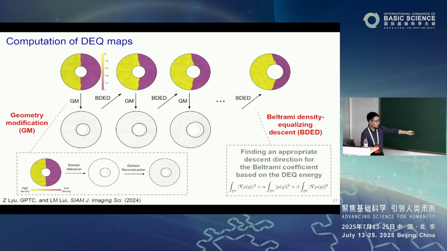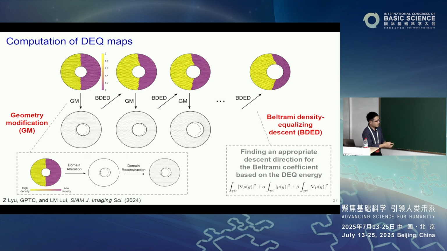But for the interior circle, we can allow it to move based on the density. For example, if we have higher density on the left and lower density on the right, then if we solve the diffusion equations, naturally the hole should be pushed to the right. We want to accommodate that, and that's why we have this geometry modification step.